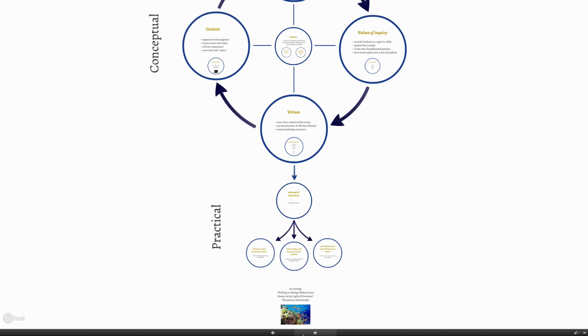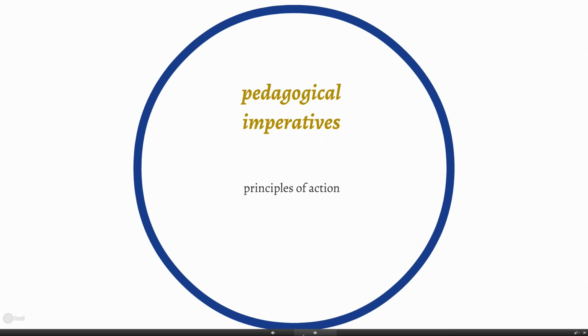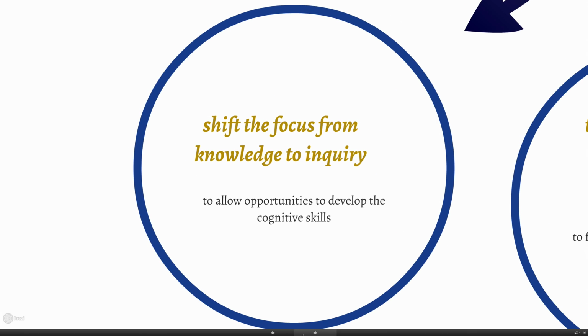Then to go down to the practical components here, all of that leads us to three pedagogical imperatives. These are principles of action. These are not algorithms to follow, they are principles of action to be applied by professionals. The first was to shift the focus from knowledge to inquiry, and the reason for that was to allow opportunities to develop the cognitive skills.